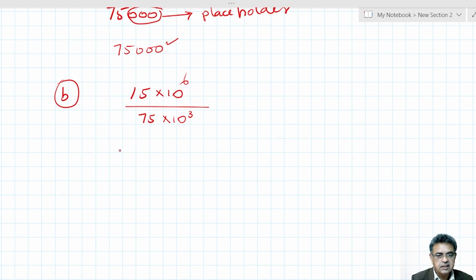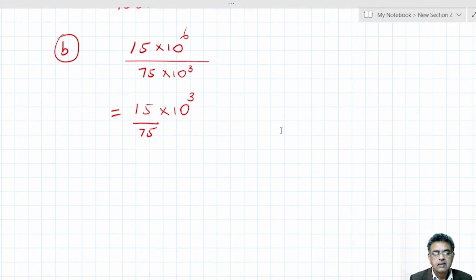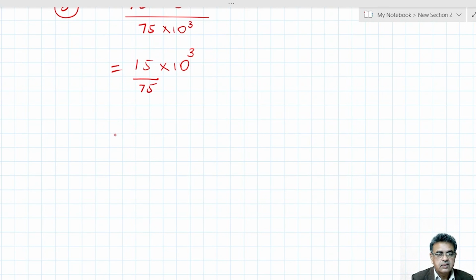So this is 15 multiplied by 10 to the power 6 minus 3, that is 3, divided by 75. Now 15 ones are 15, 15 fives are 75, and 10 to the power 3, that is 1000, divided by 5.